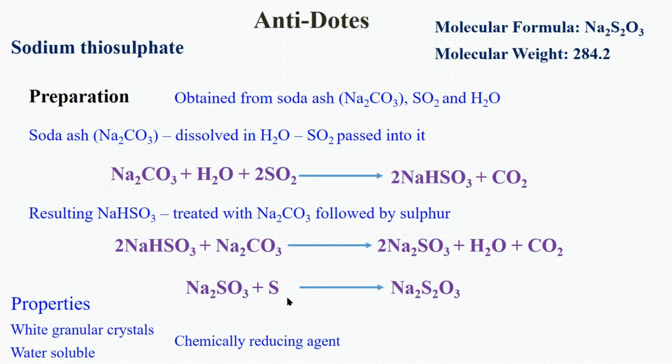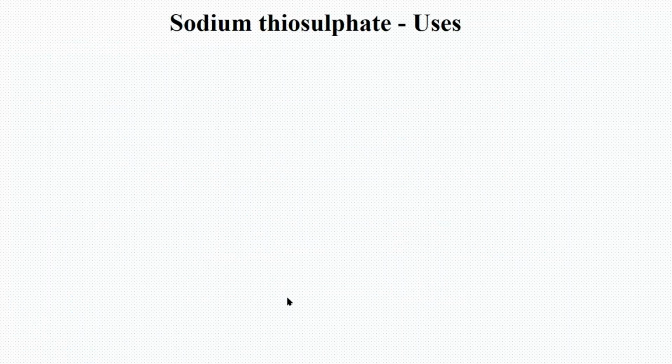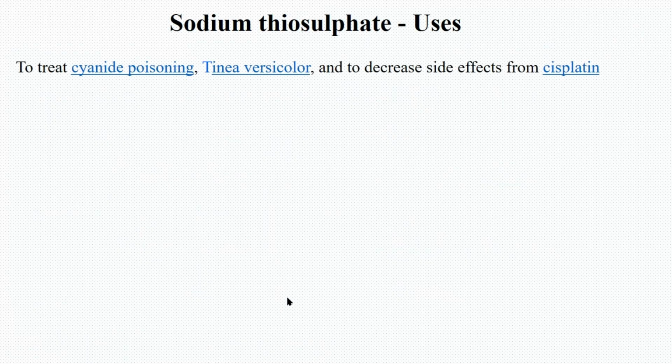Sodium thiosulphate is used not only for cyanide poisoning, it finds its use as an antifungal agent to treat the fungal infection caused by Tinea versicolor. It has another application, that is, it decreases the side effects of cisplatin. Cisplatin is an anti-cancer drug.